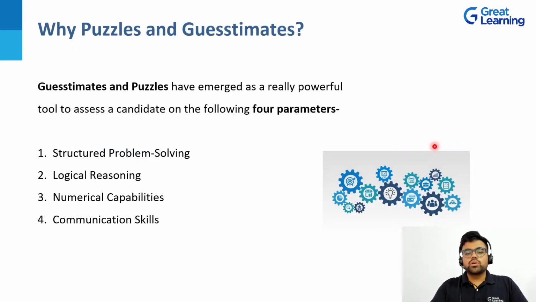So without any further ado, let's move on to why puzzles and guesstimates. Now, puzzles and guesstimates have emerged as a really powerful tool to know what type of candidate they are picking. What are the 4 parameters that the company looks at? First is the structural way of thinking, the structural way of problem solving, which means you need to have out of the box thinking.